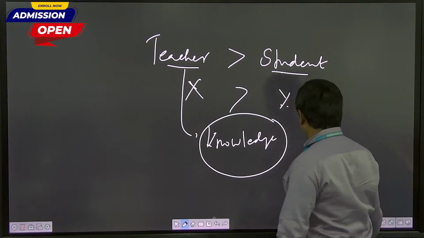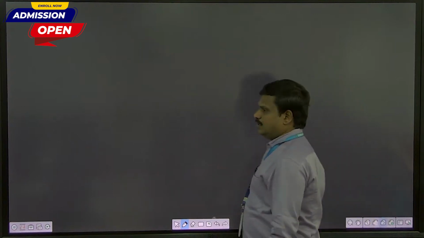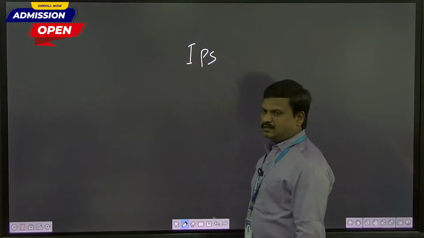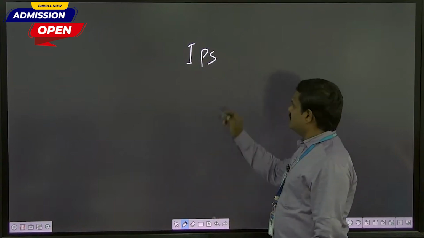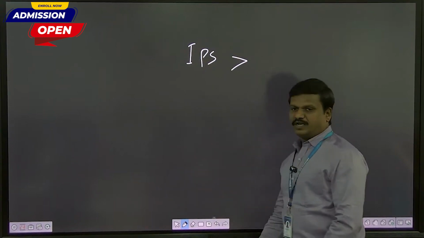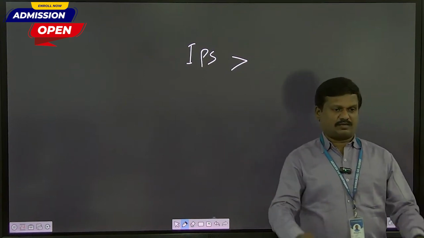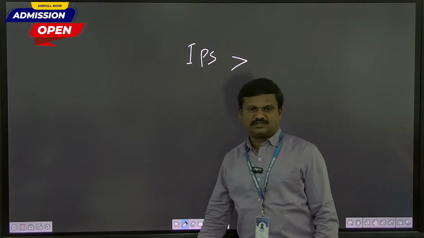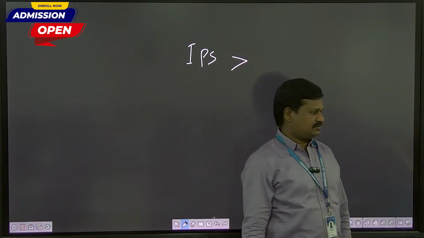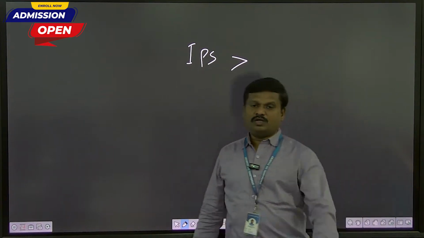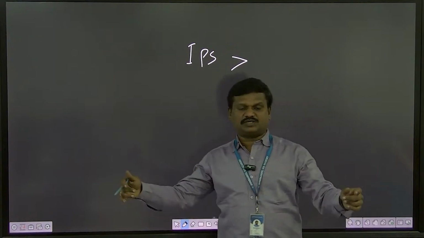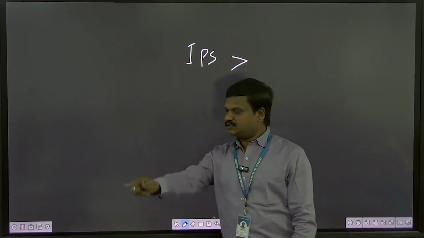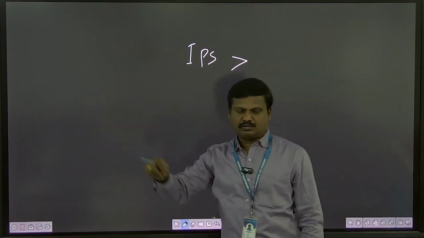Okay. An IPS officer is passing an order about traffic rules. He is the joint commissioner of traffic. He is putting a rule that whatever road we are using for two-way traffic is only for one way. He is telling that this is one way, don't go.